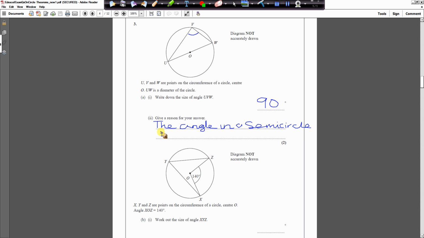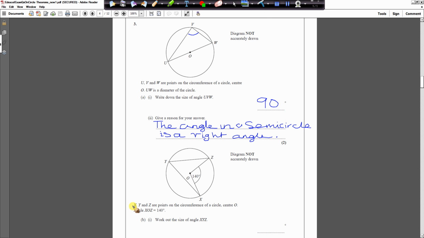Can we please write this down if you haven't already written it down? That's the answer to question 3 part 1 and 3 part 2.